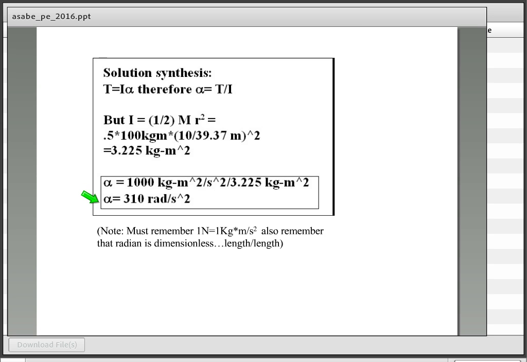On a problem like this, you just have to make sure you're using consistent units. Be clear about the difference between mass and weight. And if we're talking about angular velocities or angular accelerations, we're typically dealing with radians per second, or radians per second squared in the case of angular acceleration, as we show here.